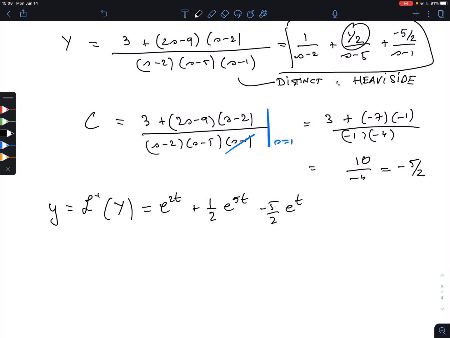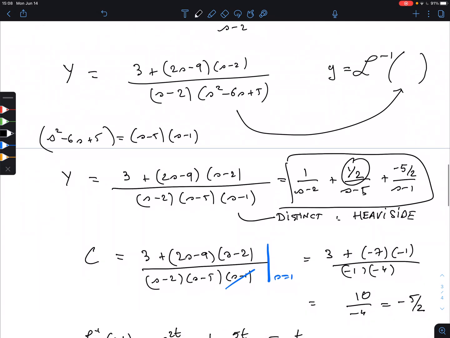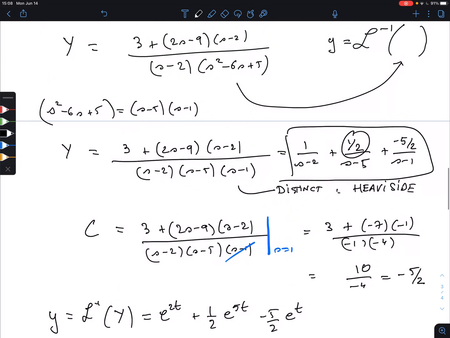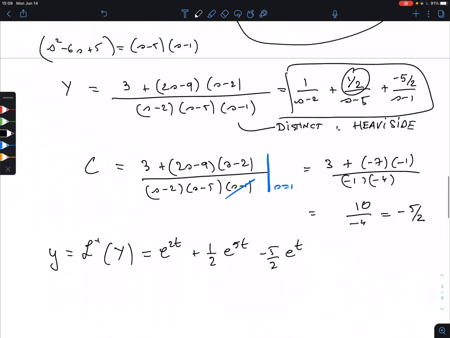Why are my signs different? Sorry, did I calculate my signs? No, let me see here. Yeah, I lost a little bit my calculation, so I might have copied the wrong signs.